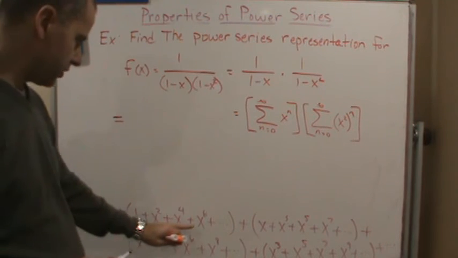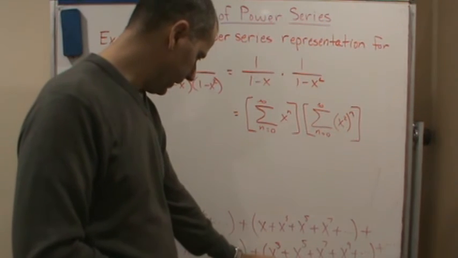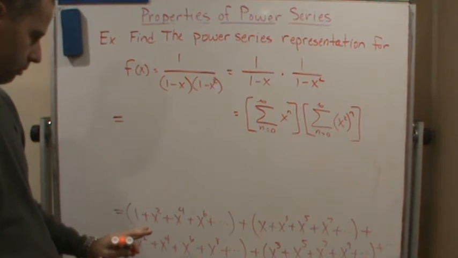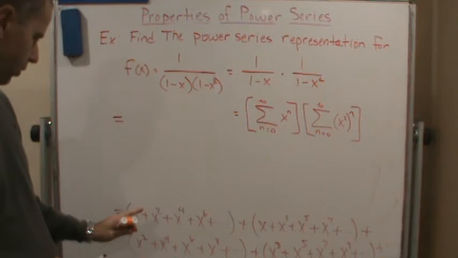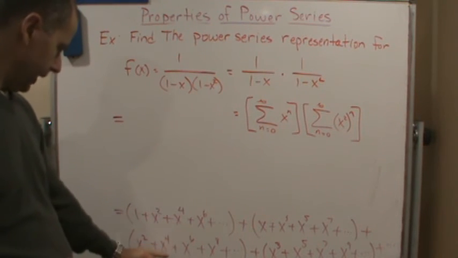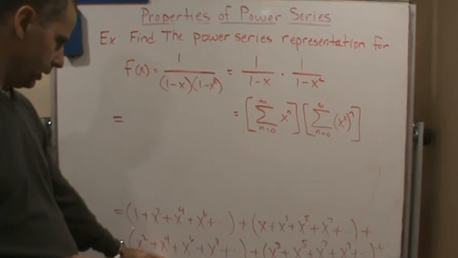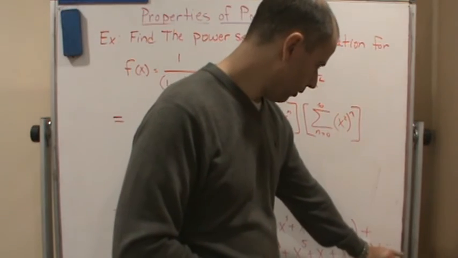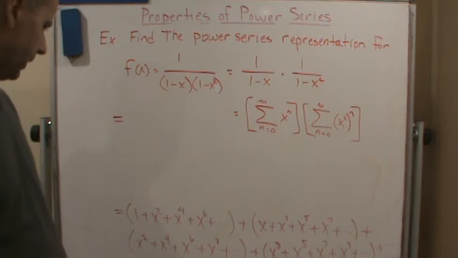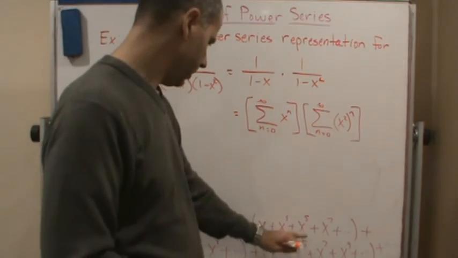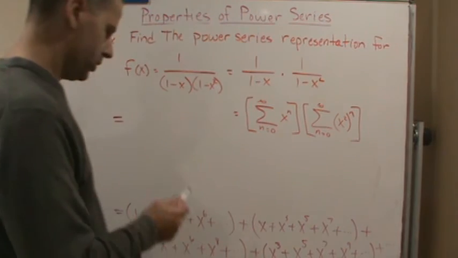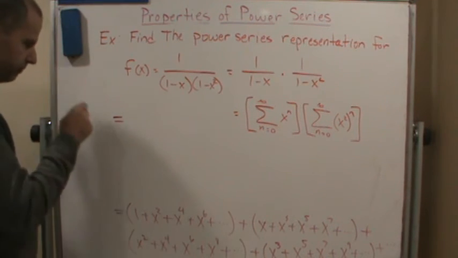Then I've got an x to the third here and an x to the third there, and that's all I'm going to get. But if I go to x to the fourth, I've got an x to the fourth here, an x to the fourth here, and another x to the fourth here. And then I'm going to have an x to the fifth, another x to the fifth, and another x to the fifth here.